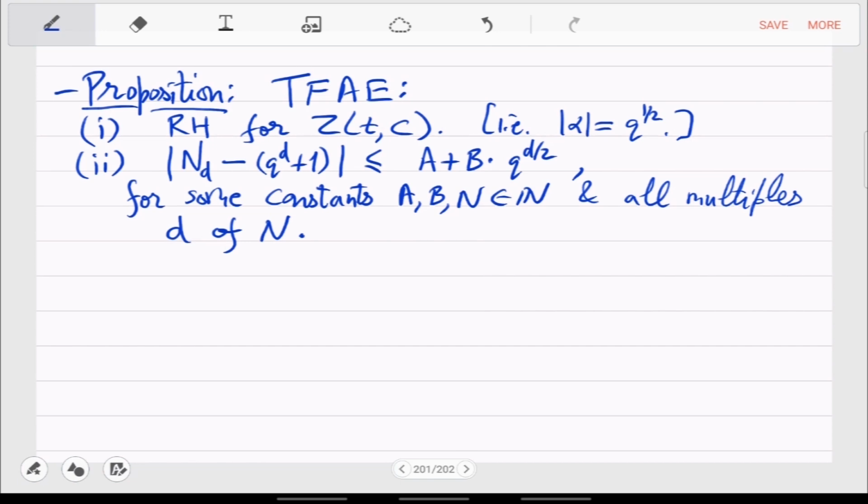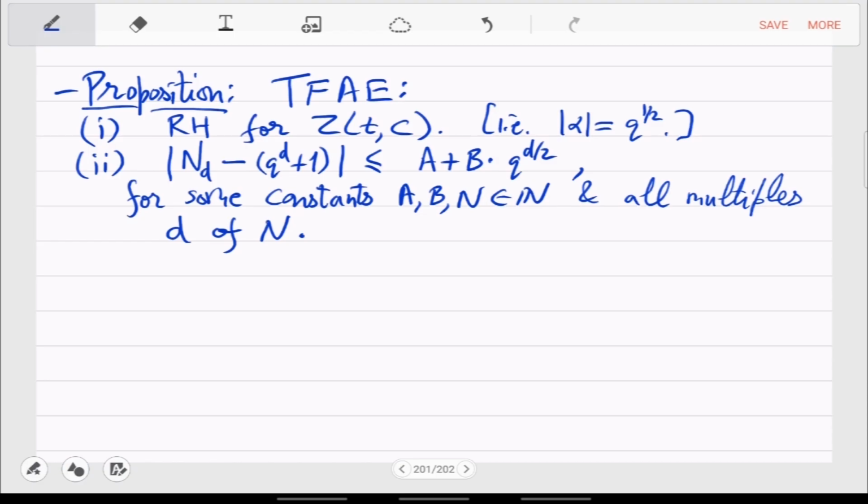Okay, so this is a bit complicated to read, but just the inequality is what you should focus on first. So as long as the count for q raised to d sized finite field points is somewhat q raised to d by 2 with flexibility given by these constants a and b, for all the multiples of n, where n is also some number which is constant.